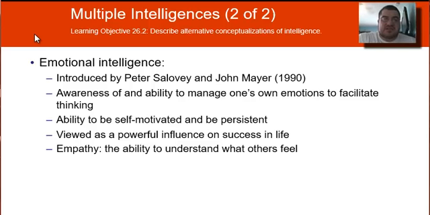And then as far as psychology goes, emotional intelligence is a pretty new theory. It's a very good predictor of success in life. If somebody has high emotional intelligence, it's the awareness of and the ability to manage your own emotions to facilitate thinking.